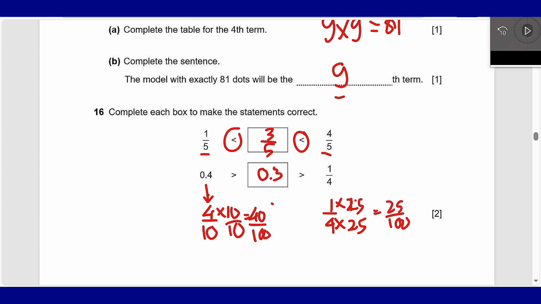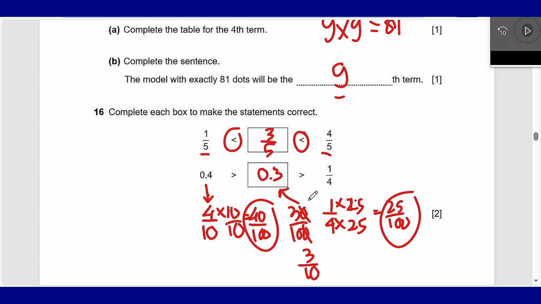So what is the number between 40 and 25? Can be any number. Let's take 30/100, and the decimal of 30/100 is 0.3, because this can simplify to 3/10, and 3/10 is equal to 0.3. You may take any number between 40 and 25, let's say 35/100 or 0.35 or 27/100, anything. Alright, let's move on.